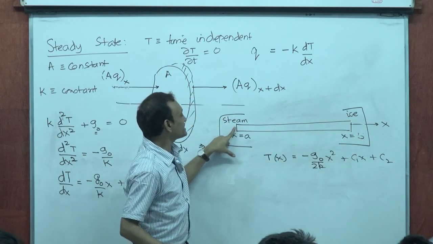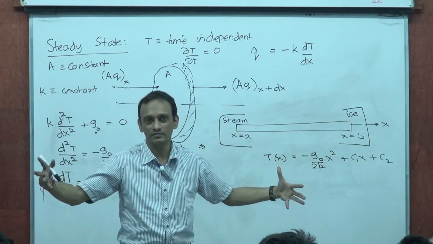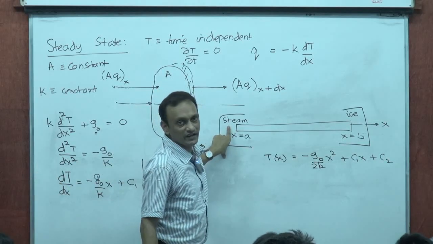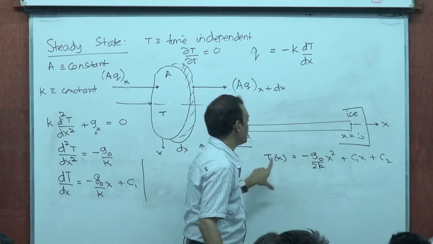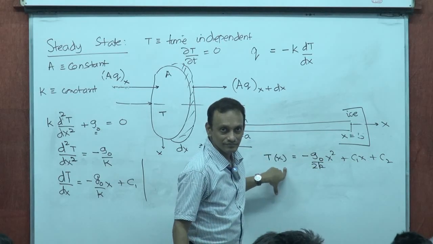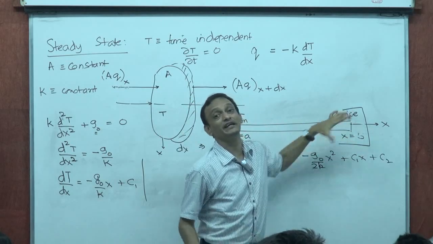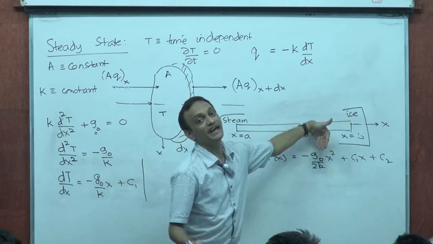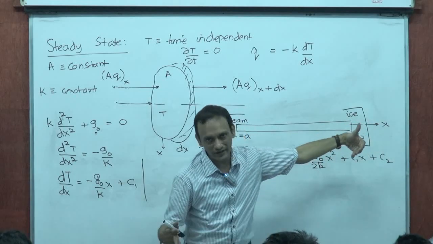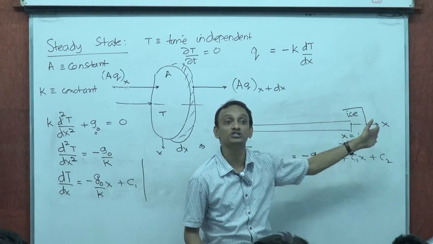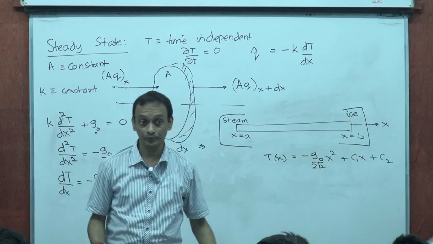This end placed in a steam chamber, so the temperature at x equal to A will always be 100 degrees. And this end might have been maintained in an ice chamber, so put x equal to B, T will be 0, and you can obtain the constants C1 and C2, right?